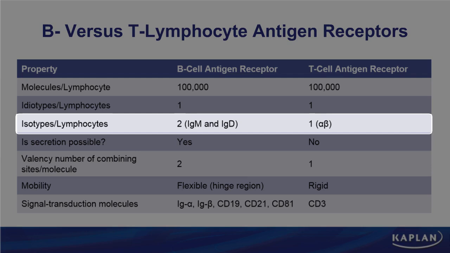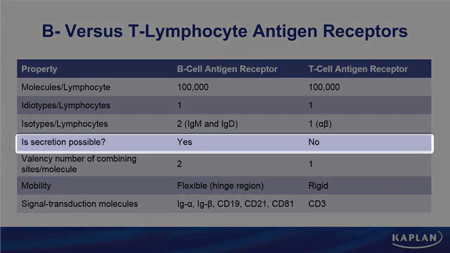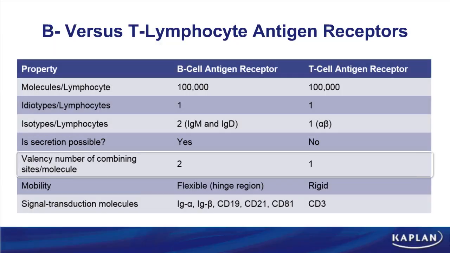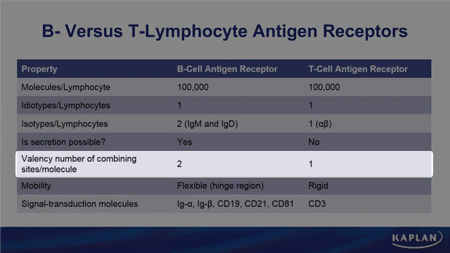B cell receptors can be secreted from B cells when they differentiate into plasma cells. However, T cell receptors are never secreted. Because each B cell receptor is at least bivalent, they can bind two antigens versus a T cell receptor that can only bind one antigen.